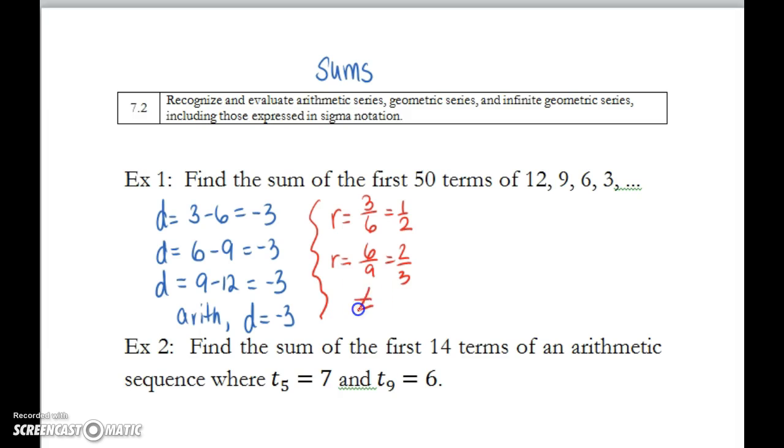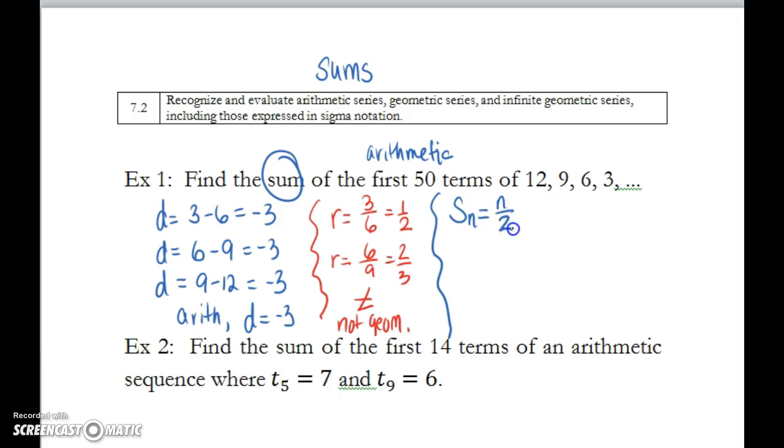Since they're not equal, it's not geometric. They're not common. So it's arithmetic, and our common difference is d.